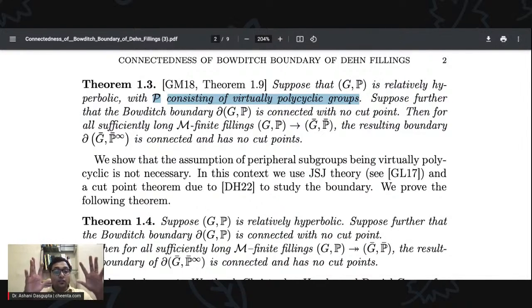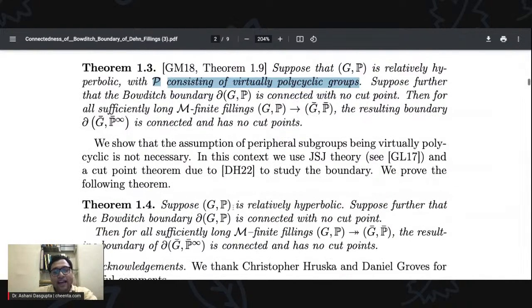They say that, okay, yes, the filled in boundary will also be connected, but you have to assume that the peripheral subgroups are all virtually polycyclic. So that's a special type of subgroups that they are restricting the peripheral subgroups to. So we change that particular theorem.